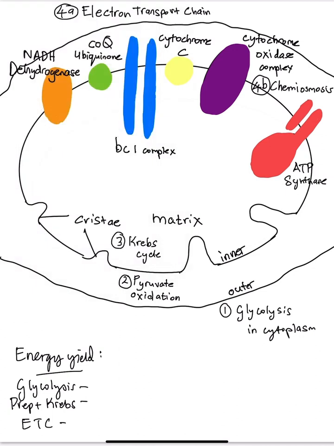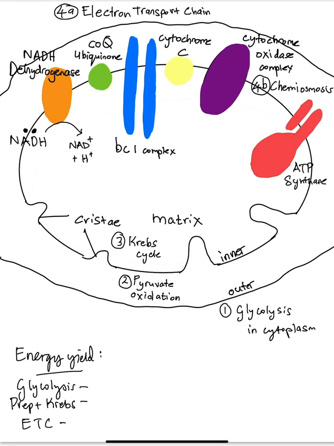The very first event that happens in the electron transport chain is the arrival of NADH with its 2 electrons to a complex named NADH dehydrogenase. It gives off a proton and it is oxidized into NAD+.